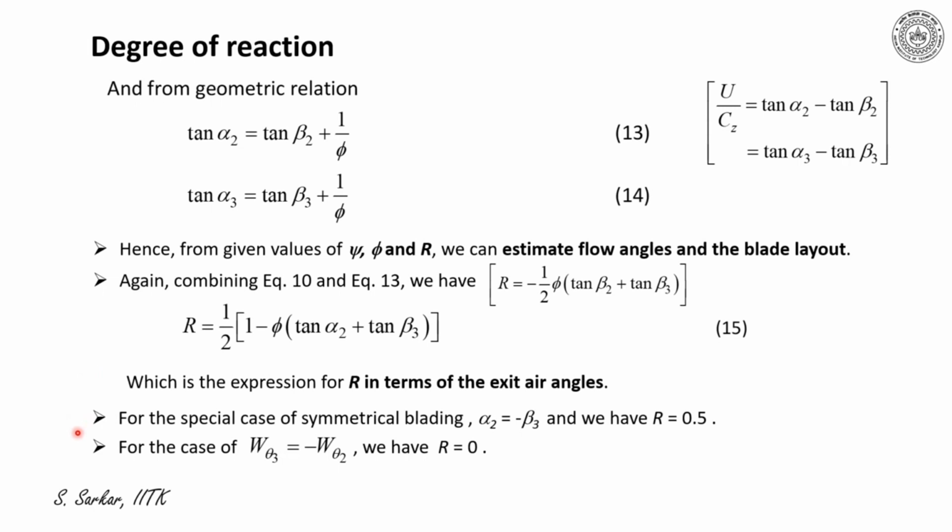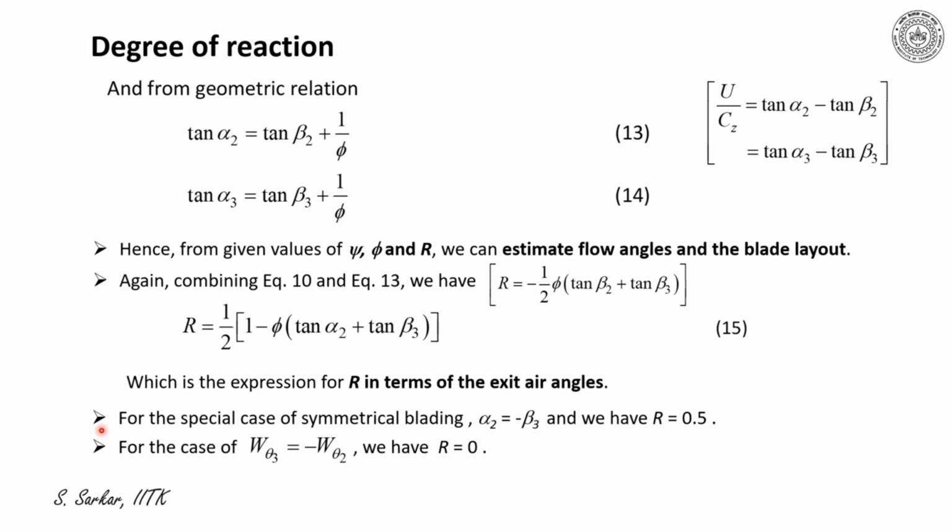Now, for the special case of symmetrical blading, that occurs for 50% reaction blading, we know alpha 2 is equal to minus alpha 3, and hence from this relation you can easily show that in this case, when alpha 2 is equal to minus alpha 3, r becomes half.